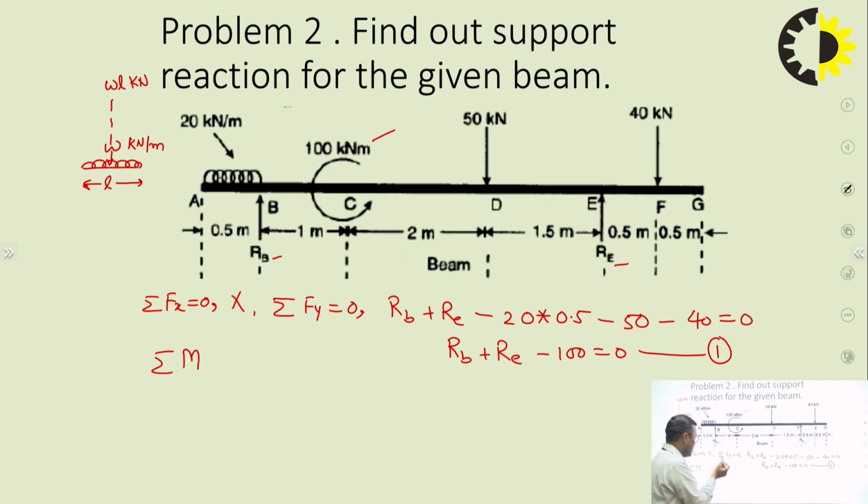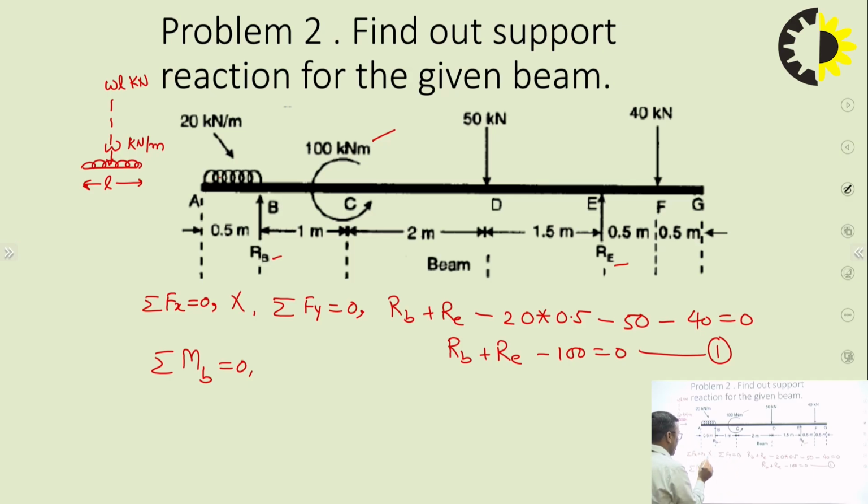If I am writing the equation of moment about point B, what benefit will we get? RB will be eliminated. Why? Because the distance of RB from point B is 0, so the moment will be 0. So this particular RB term for moment will be eliminated.